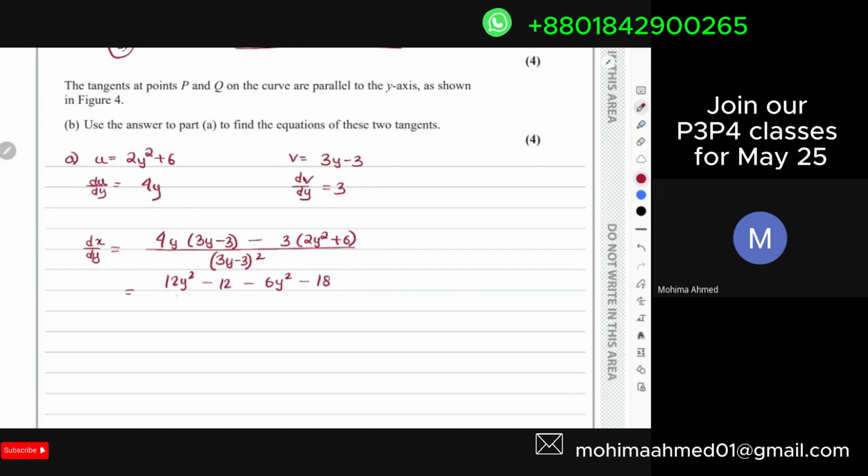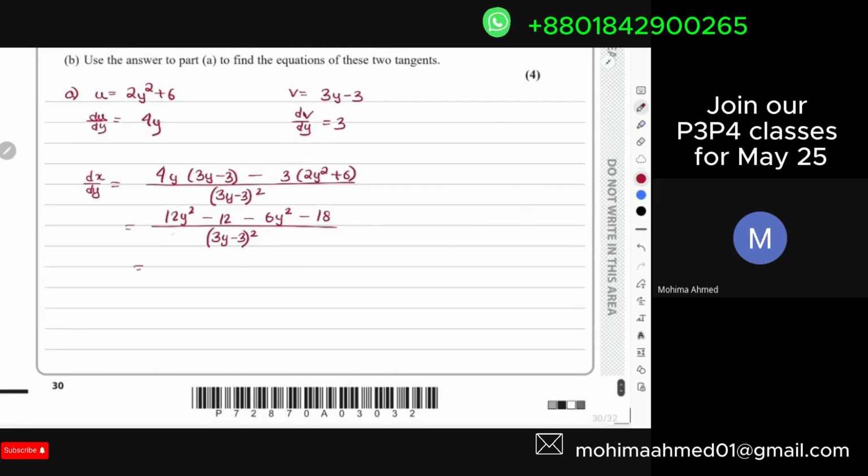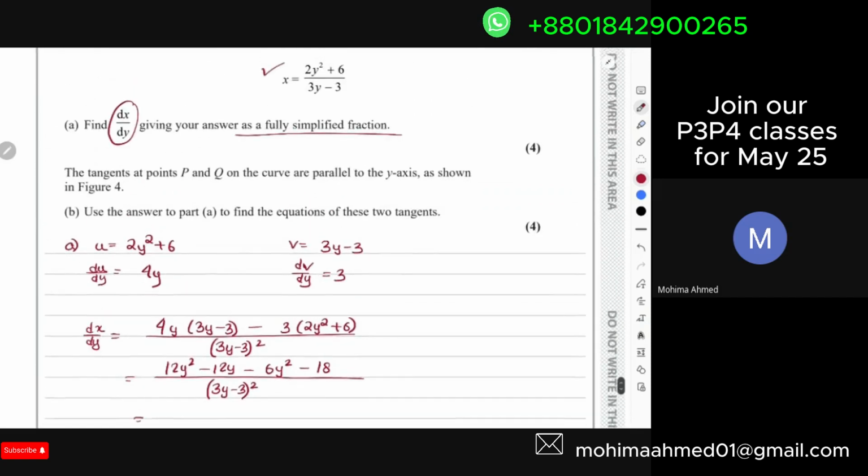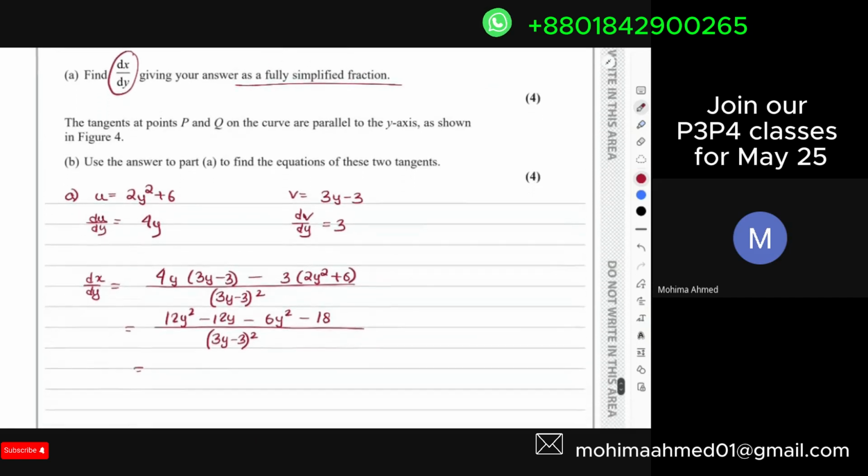6 times 3 is 18, over 3y minus 3 whole square. After this again, how much do you get? 12 minus 6 is just going to be 6y square. This is going to be 12y, 2y square plus 6, and 3y minus 3.